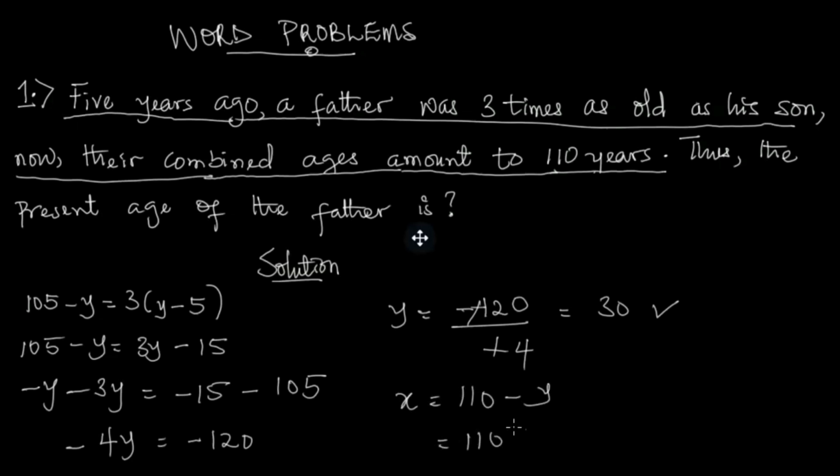So we're going to have 110 minus 30. So x, the present age of the father, is 80 years. And that is our final answer. So if you are asked to find the present age of the son, that is 30 years. And the present age of the father is 80 years.